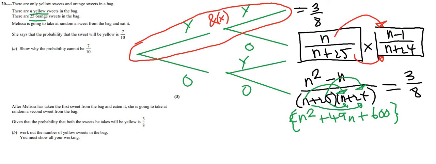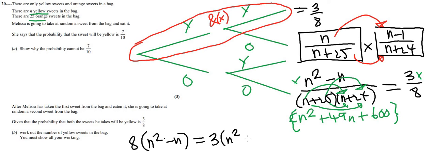Now I'm going to multiply the denominator by 3 and the numerator by 8, so I end up with this equation: n squared minus n, times 8, is equal to 3 times n squared plus 49n plus 600.